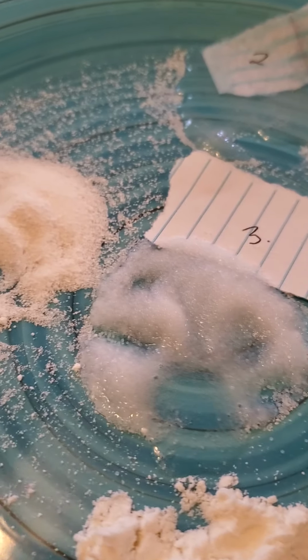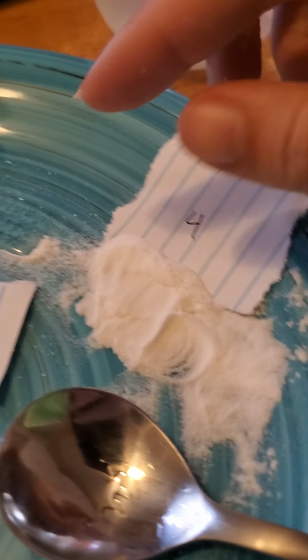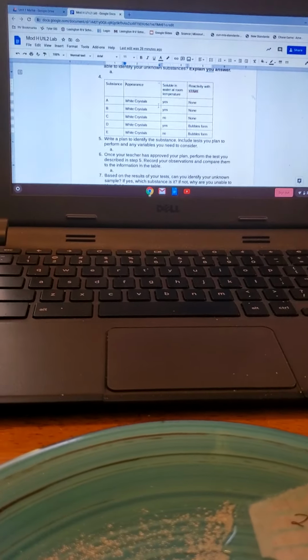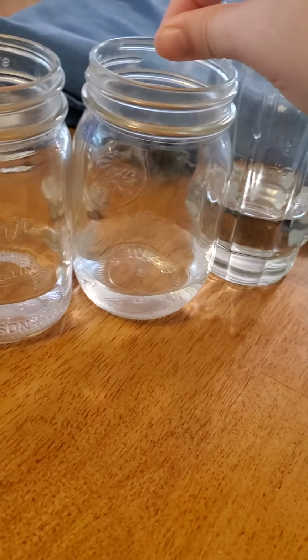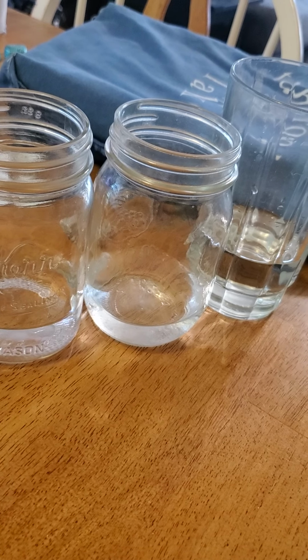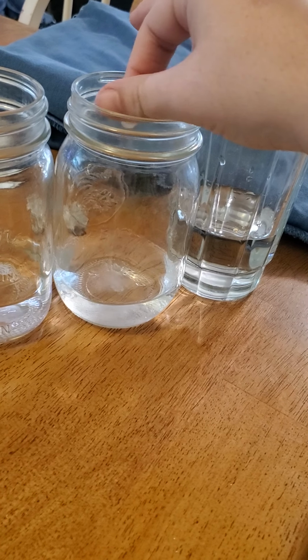So, all right. Now let's try 4. So we're going to pick up 4. Well, I guess once again, 3 could either be A or B. You can guess which one is which. But now we're going to put some in there.